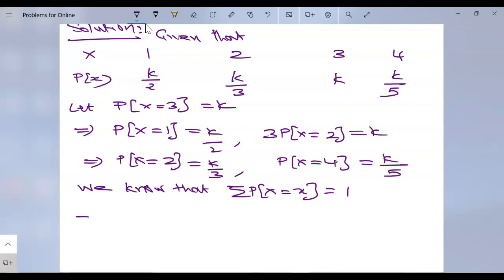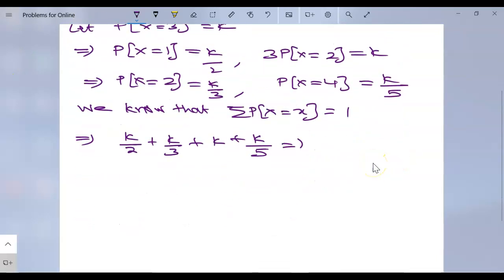Its meaning is k by 2 plus k by 3 plus k by 5 is equal to 1. So I want only the k value. So k into 1 by 2 plus 1 by 3 plus 1 by 5 is equal to 1.